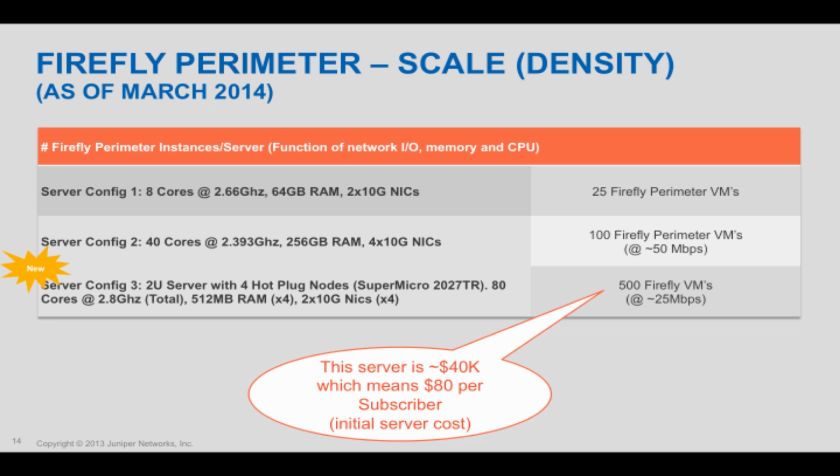One of our latest set of testing was a rack optimized server, one of these Supermicro boxes, and we have about a $40,000 box around there for 2Us. It's really actually different systems inside that 2U space, but the net of it is 500 Firefly VMs in that kind of footprint. So that's pretty high density and a good story on that front to have multiple Firefly Perimeters running together.